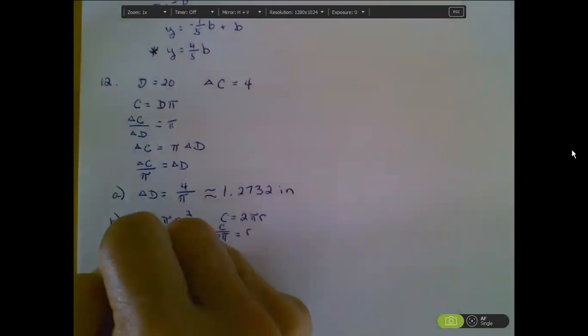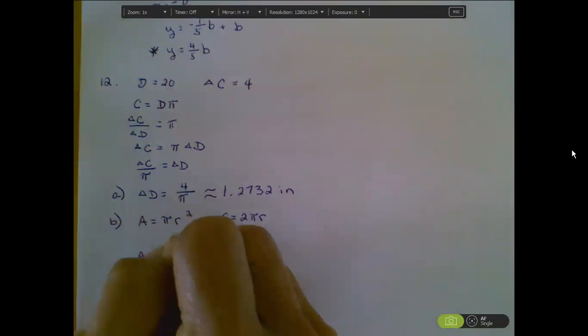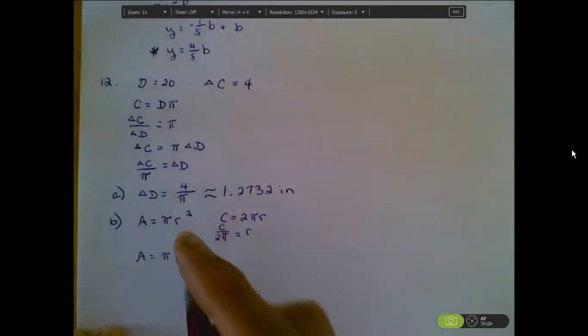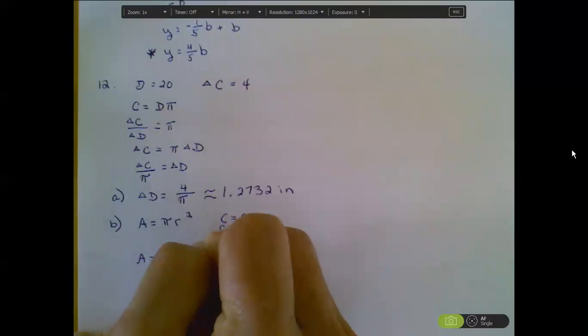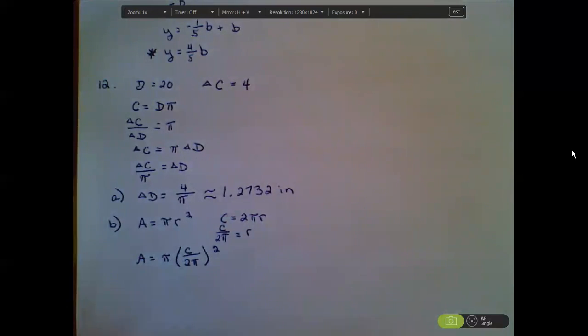So now we have A equals pi times, instead of R squared, C over 2 pi squared. And I would simplify that before I differentiated it.